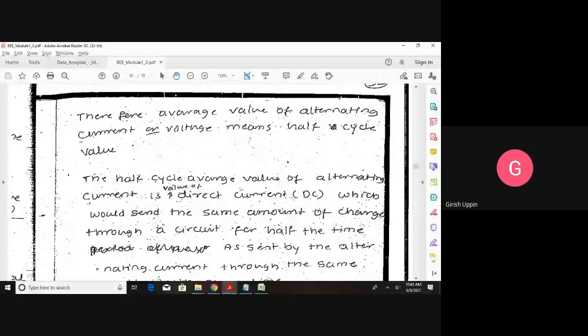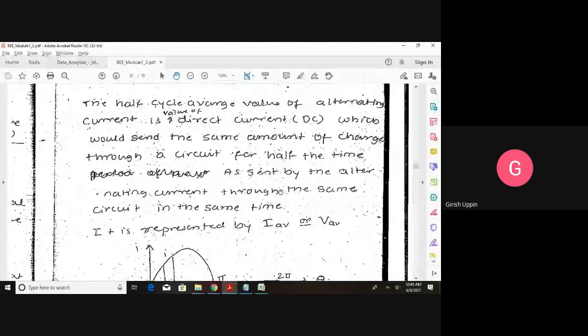The half cycle average value of an alternating current is the value of the direct current which would send the same amount of charge through a circuit for half the time as sent by the alternating current through the same circuit in the same time. We'll try to understand what that means.